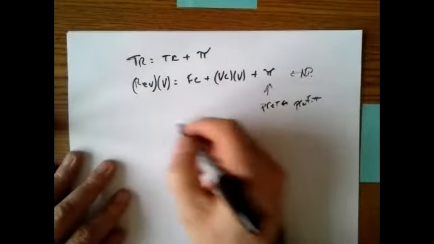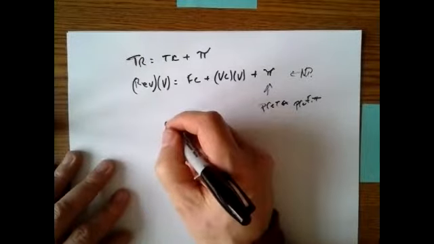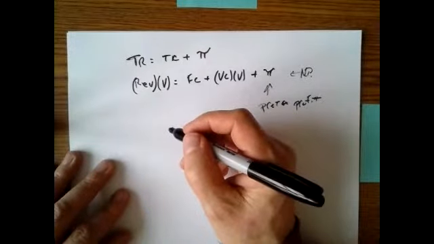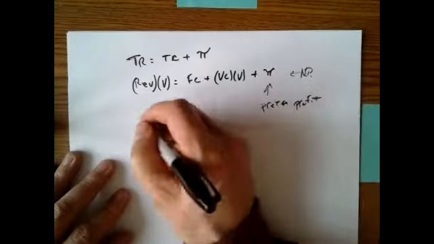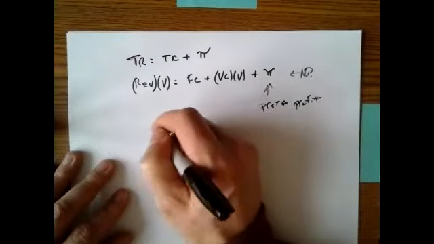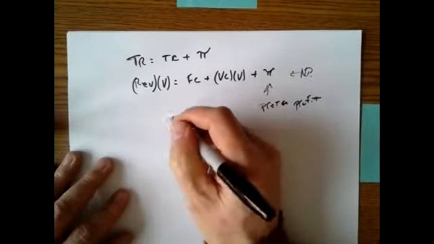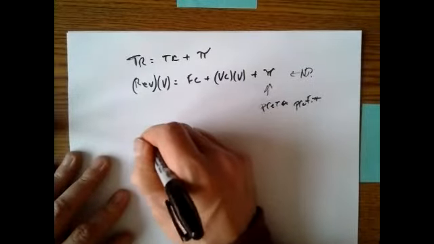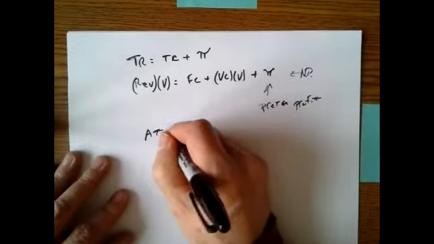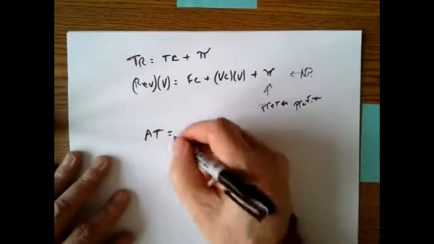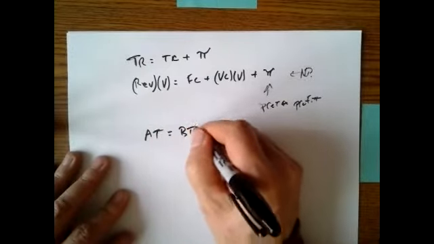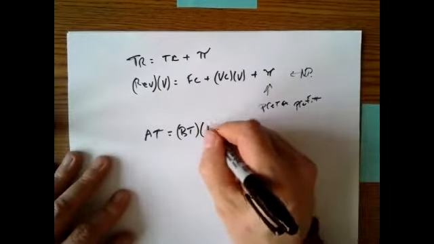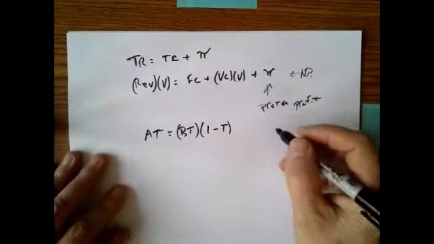You'll use this equation in, I think it is chapter 11, when we talk about muni bonds. The after-tax value of the profit is going to be equal to the before-tax value of the profit times 1 minus the tax rate.